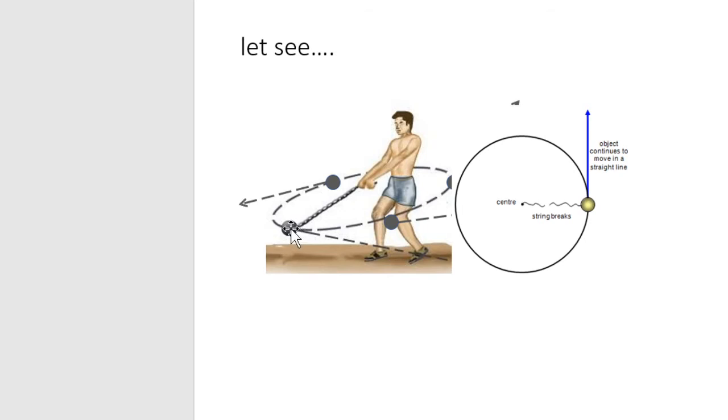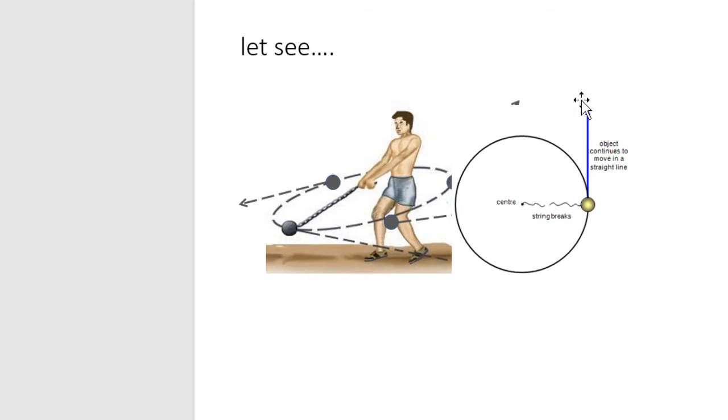If you leave the ball here, then the ball is going to travel tangent as shown in the figure. Suppose you leave the ball here, then it is going to travel tangent. So whichever point you leave the thread, the ball is going to travel tangent to the circular motion. And what does that tangent depict? The tangent shows the velocity of the object. And in which direction is the acceleration?